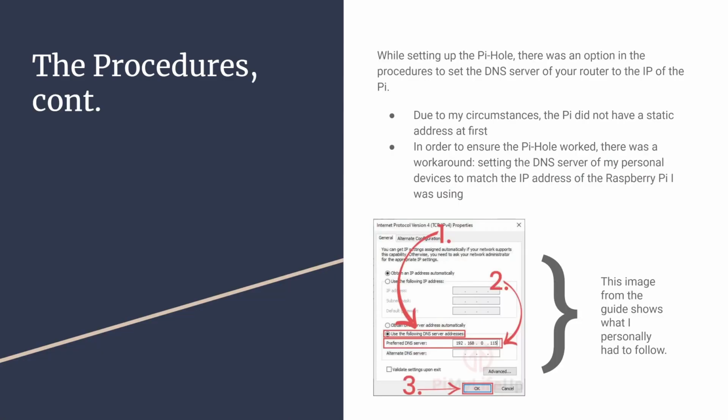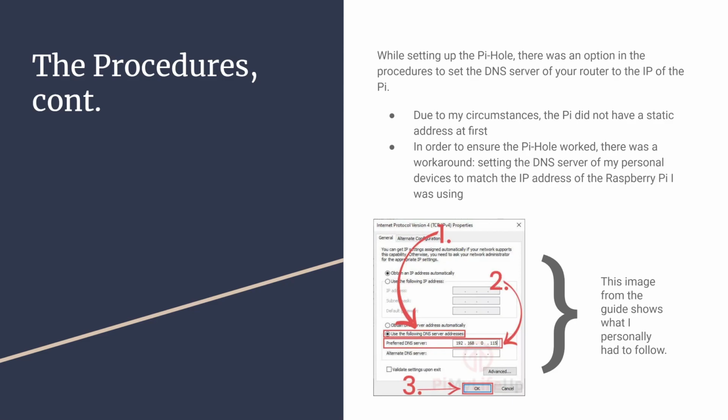So while setting up the Pi-hole, there was an option in the procedures at the end of that guide. It told me, hey, if you want this to immediately affect all of the devices on your network, you want to go into your router and set it to have the Pi's static IP address as the router's DNS server address.